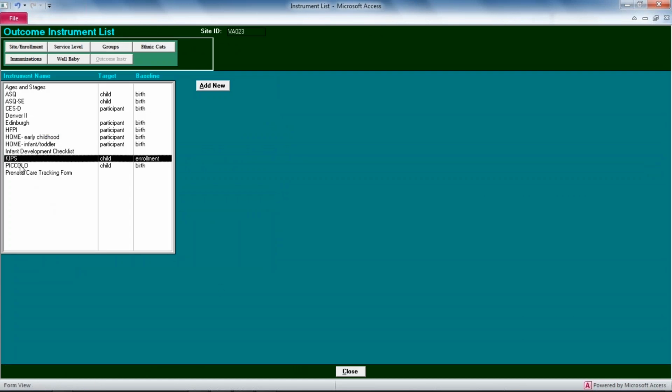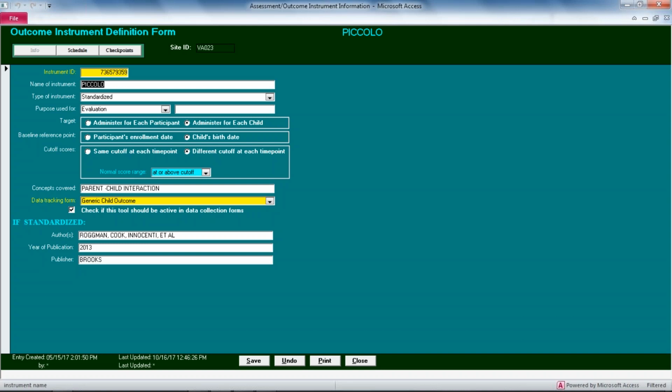The Piccolo, which we're now switching to, has different cutoffs at each time point. If you remember, we sent out the document for setting that up, and the normal score range is at or above the cutoff.